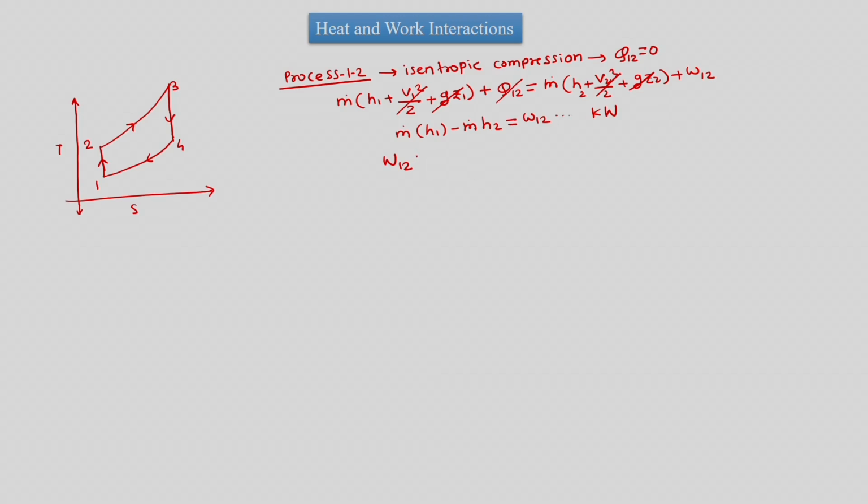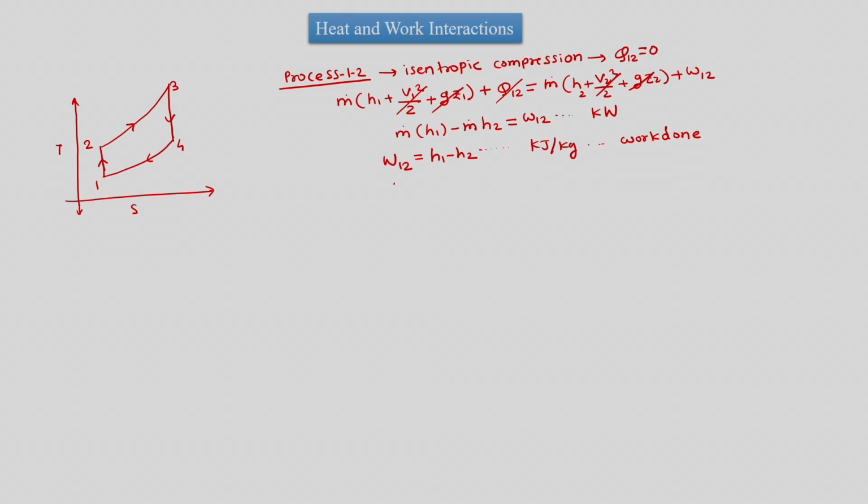So w12 is equal to h1 minus h2, with the unit kilojoule per kg. That is the specific work obtained from the difference of enthalpy, h1 minus h2, but this is the work done in the process of compression.